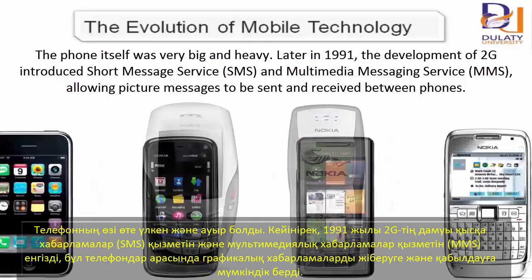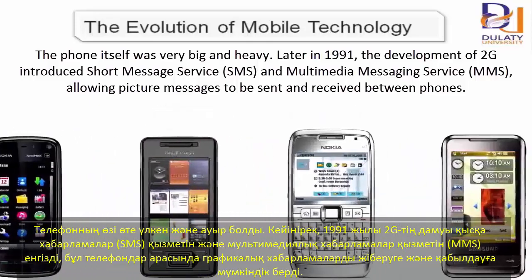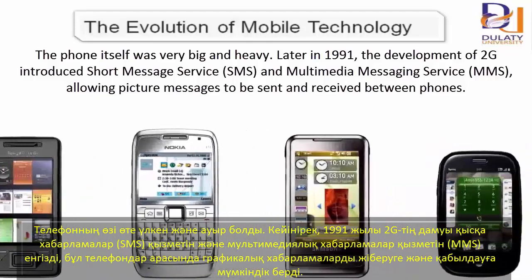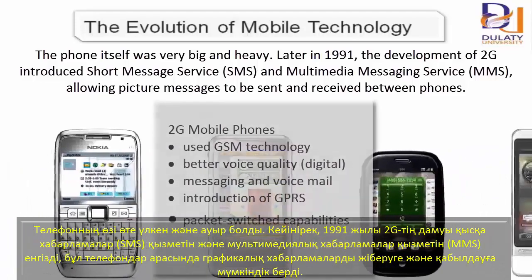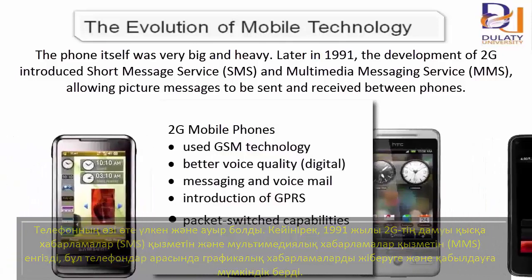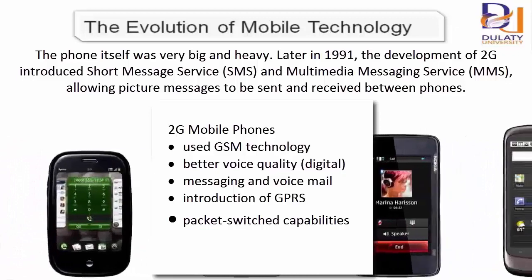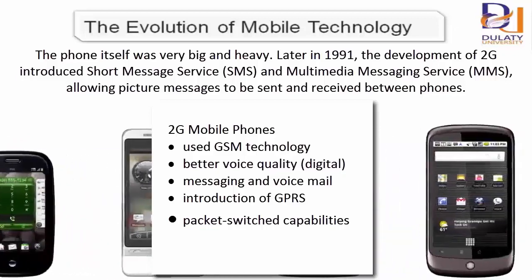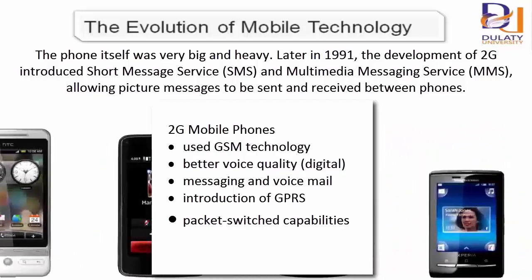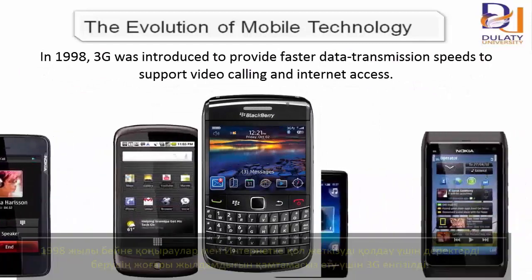Later, in 1991, the development of 2G introduced short message service (SMS) and multimedia messaging service (MMS), allowing picture messages to be sent and received between phones. 2G mobile phones use GSM technology, with better voice quality, digital messaging and voicemail, and the introduction of GPRS packet switching capability.